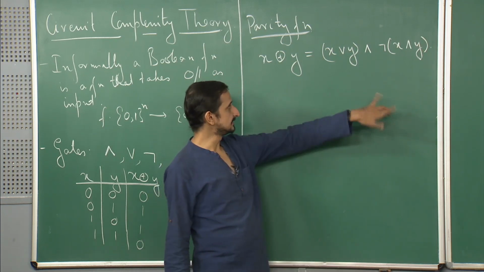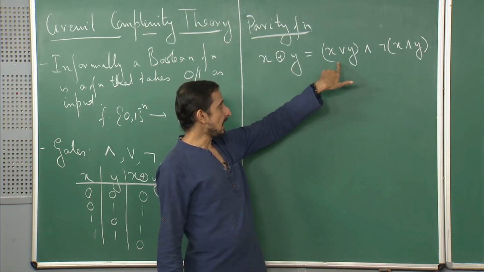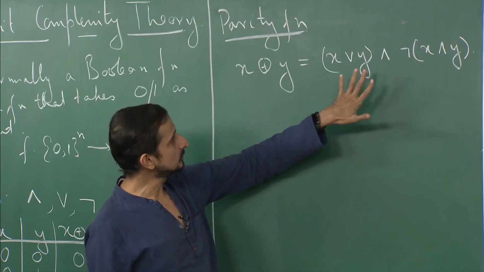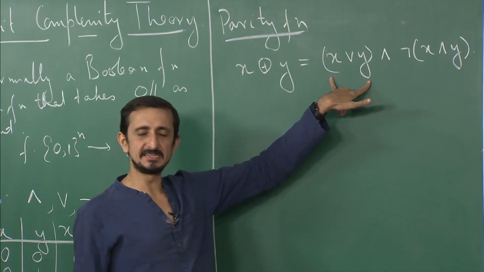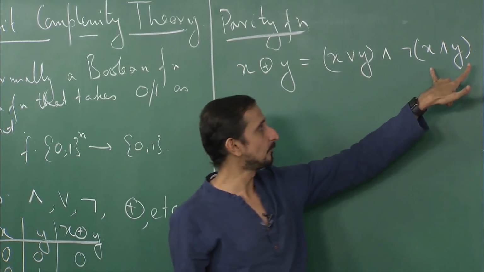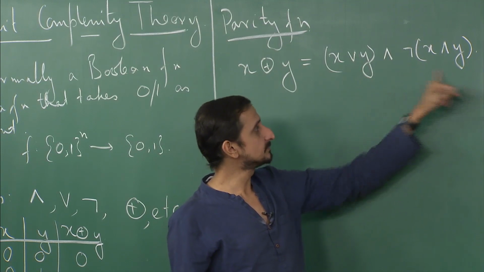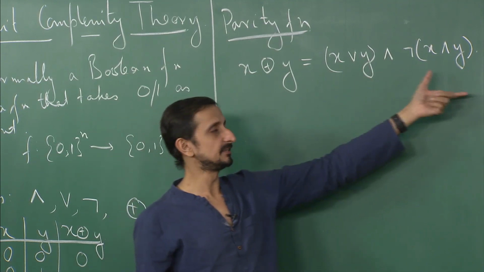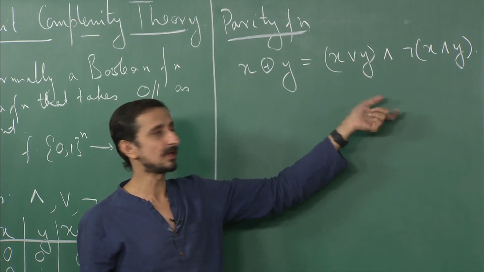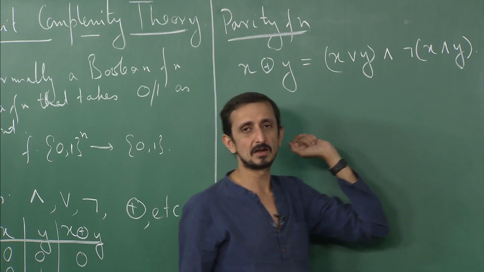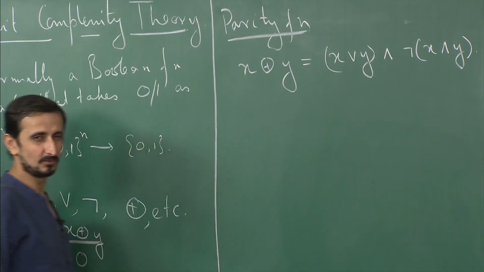What it is saying is that if both x and y are 0, then this part is 0, and if both x and y are 1, then this part is 0. So the function will be 0 in these two cases, and if exactly one of x and y is 1, then both these terms are 1, therefore the parity is 1.